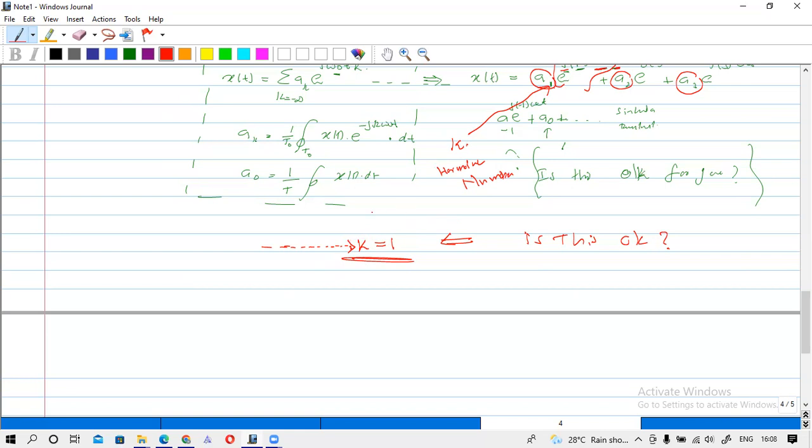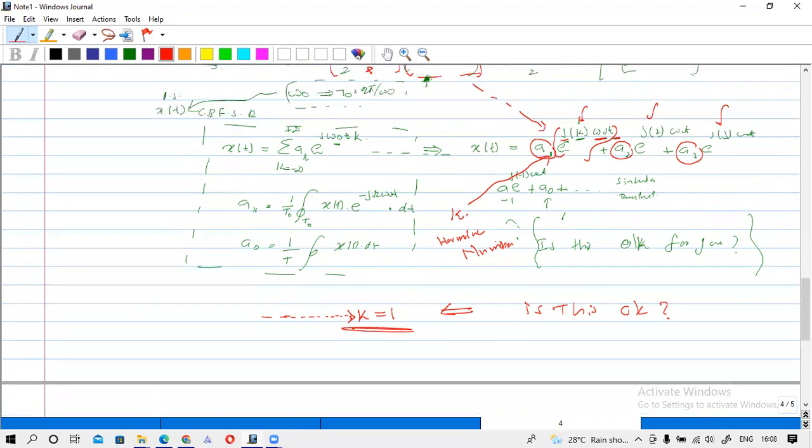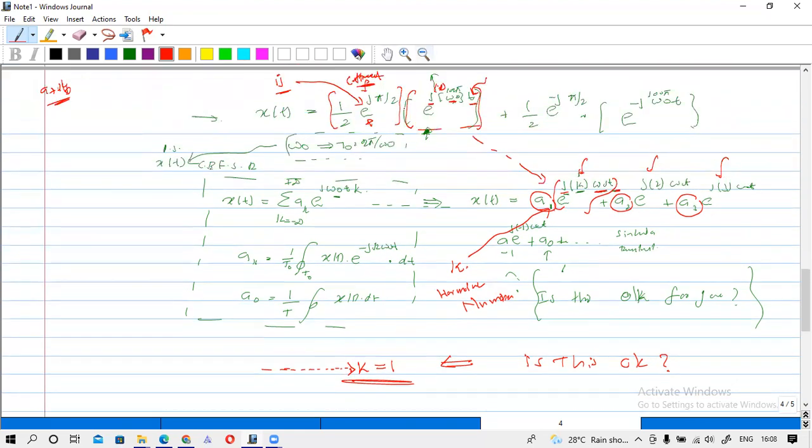Then you can understand this concept. You have to do the examples by yourself, otherwise you can't catch this concept very well.